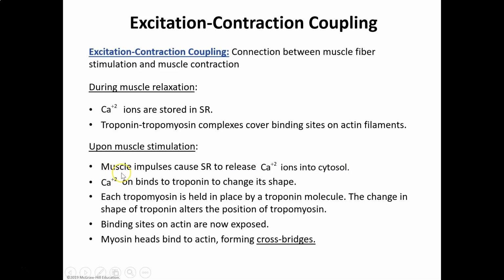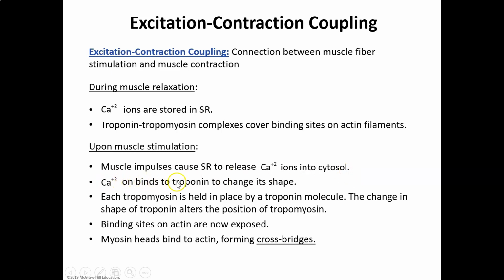Muscle cell membrane impulses, that means you're spreading a wave of what's called a depolarization. A depolarization wave causes the sarcoplasmic reticulum to release calcium ions into the cytosol. That means into the sarcoplasm, right?